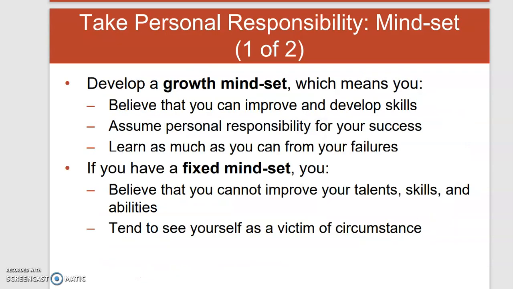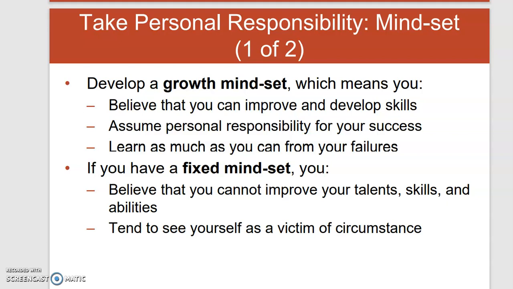The other section of this chapter is personal responsibility in terms of mindset. A mindset is basically your collection of thoughts and beliefs. And there are 2 mindsets listed in this chapter based on research from Dr. Carol Dweck of Stanford University.